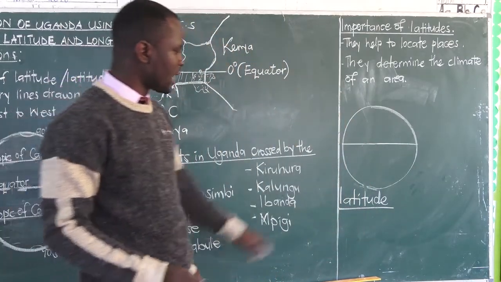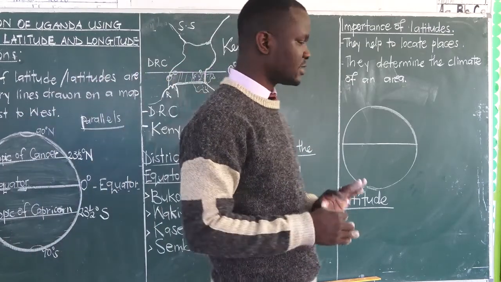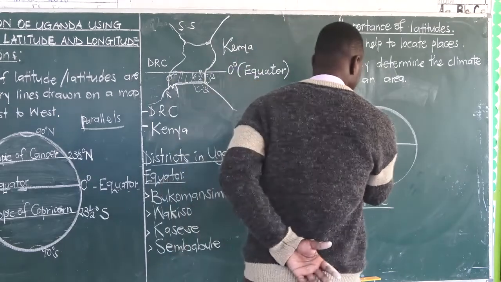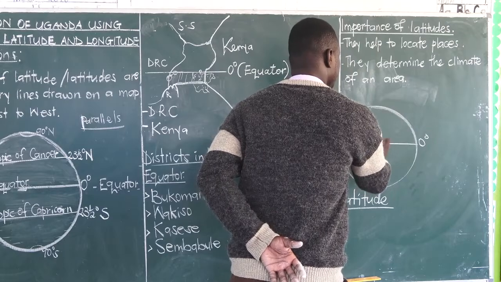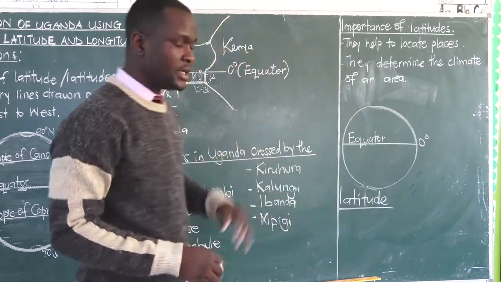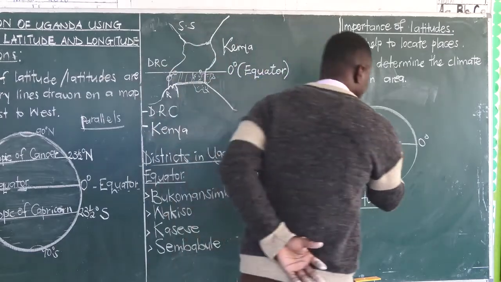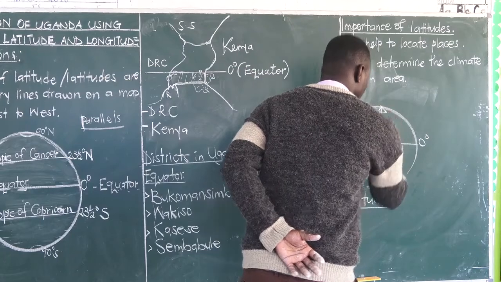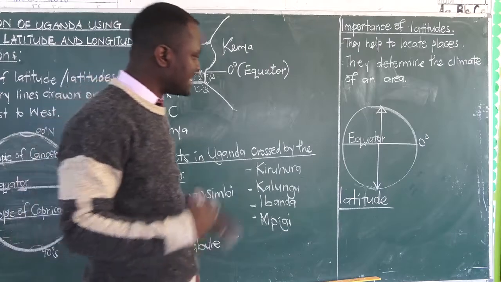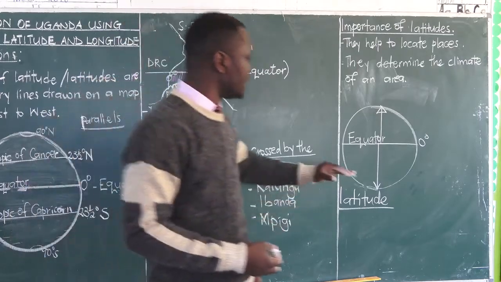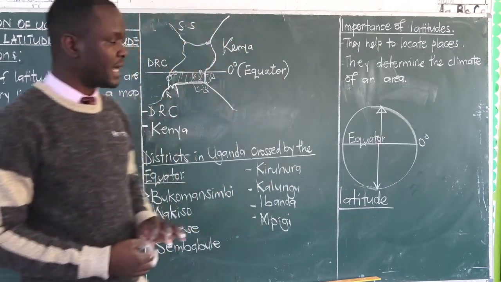This is not about the imaginary lines. Latitude is the distance of a place from the equator, either north or south. That is what we mean by latitude.